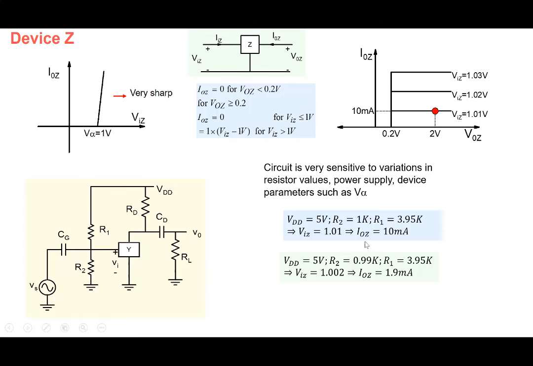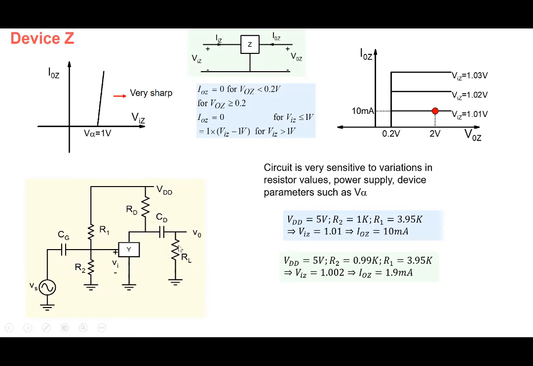Now note that a small change in R2 by basically 1%. R2 is 1K here and R2 is 0.99K here. So a small change in R2 causes VIZ to go to 1.002 and this DC current becomes 1.9 milliamperes here. So a small change of 1% in R2 is causing a huge change from 10 milliamperes to less, by more than a factor of 5.